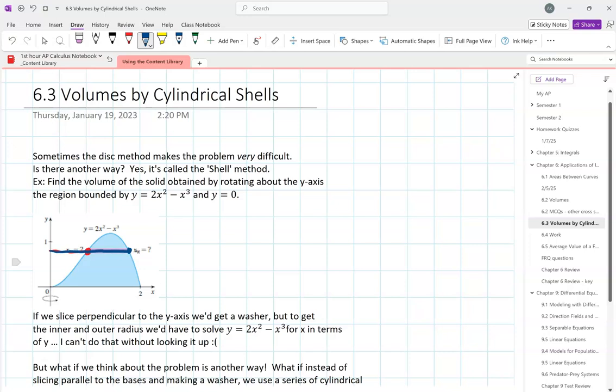This falls perfectly into shell territory, which is good for us. You see where trying to do a washer on here is going to be a problem? Because this is the same y having two different x's. That's a tricky wicket that we've just stumbled into.